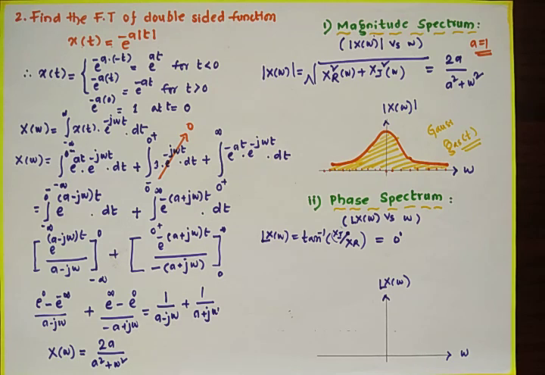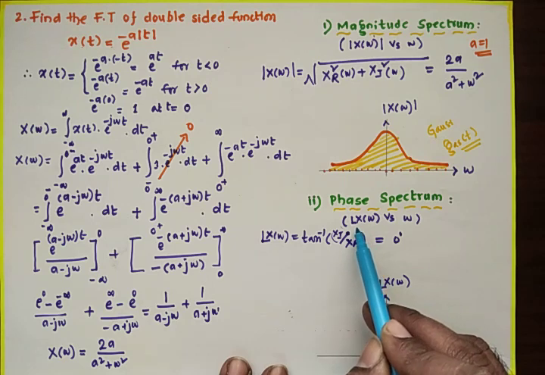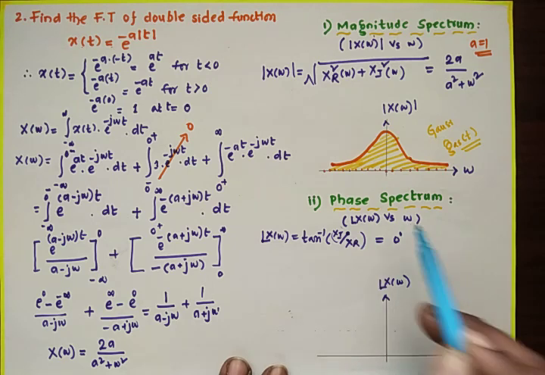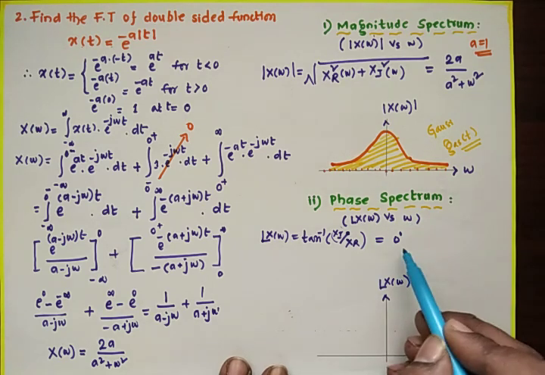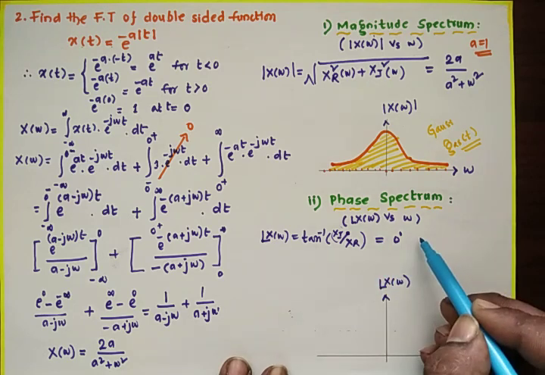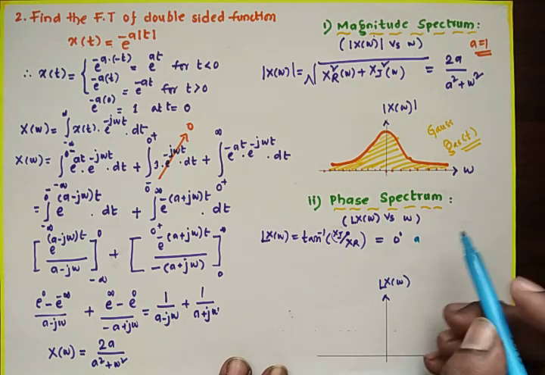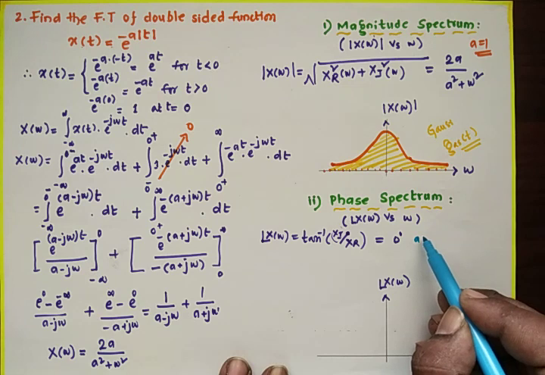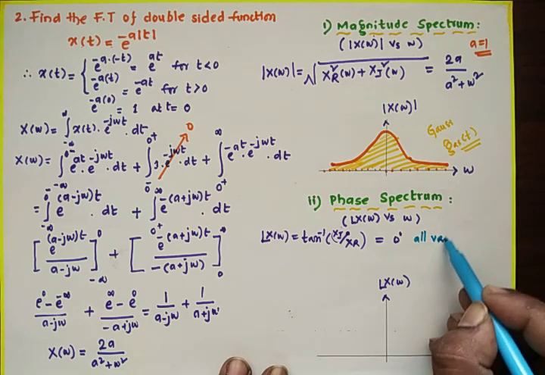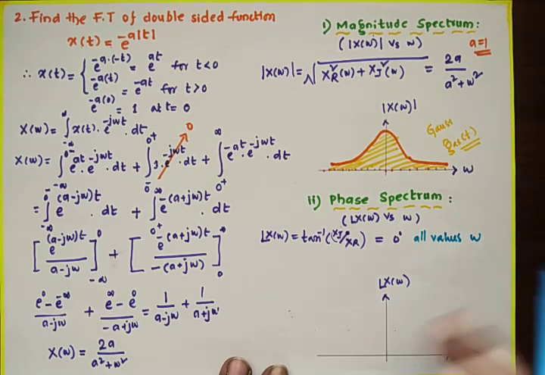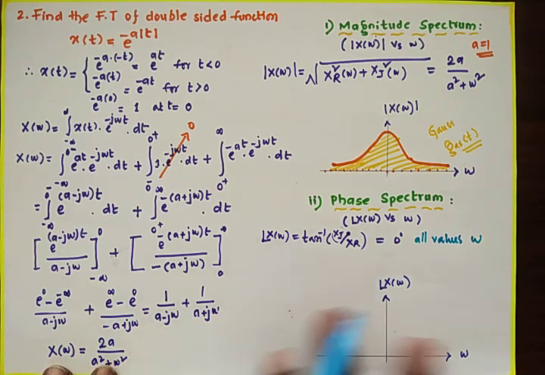Then we have to plot one more spectrum, that is the phase spectrum. The phase spectrum is a plot between the angle of X of omega versus omega. This angle of X of omega we got is 0 degrees, for all the values of omega, because there is no imaginary part.